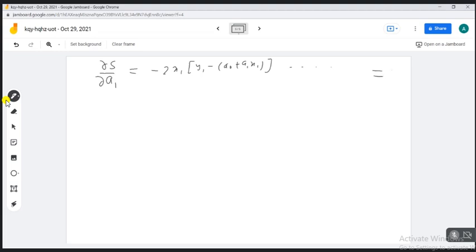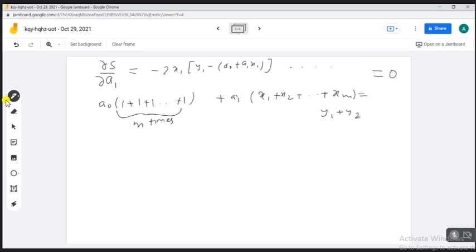When we set these two conditions to 0, what we get is a0, this is from equation 1.